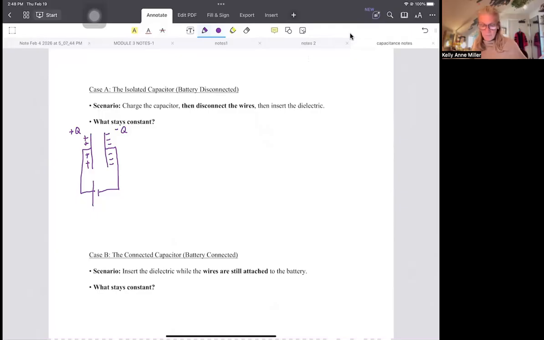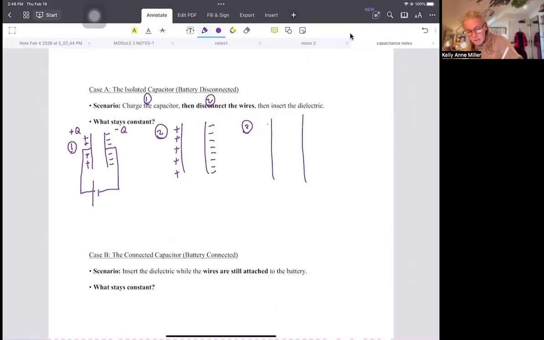So that's step one. Charge up the capacitor. Step two, disconnect the battery. Okay, so step two, I'm going to just have the charged capacitor, and the battery is now out of the picture. Disconnect the wire. So now the capacitor is not connected to anything. Step three, I'm going to insert the dielectric.